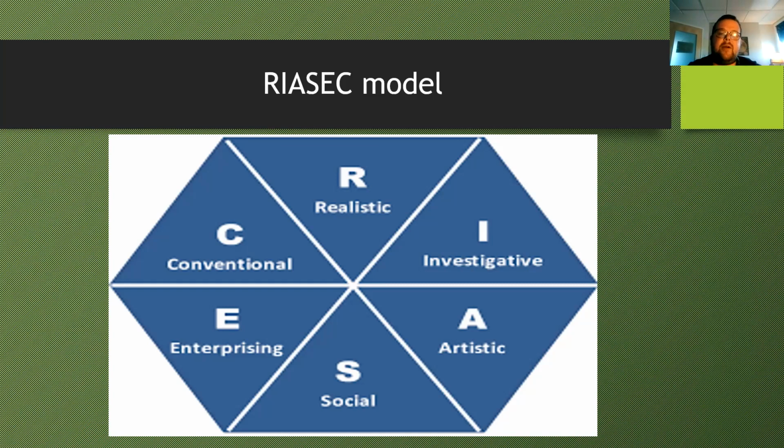The reason RIASEC is designed this way is that you will have traits that typically cluster together. So an ASI clusters together, an SEC can cluster together, an RIA, etc. They're kind of like in this wheel because they can go together.